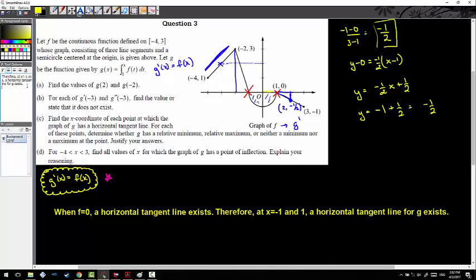Now the next part is asking us, are they a relative min or a relative max, or neither? Justify your answers. Okay, now it's just chapter 5. You know, where they want you to mess up is on the second part of the answer. So we know that G has a local maximum at x equals -1, and that's because G prime, or f, goes from positive to negative there.